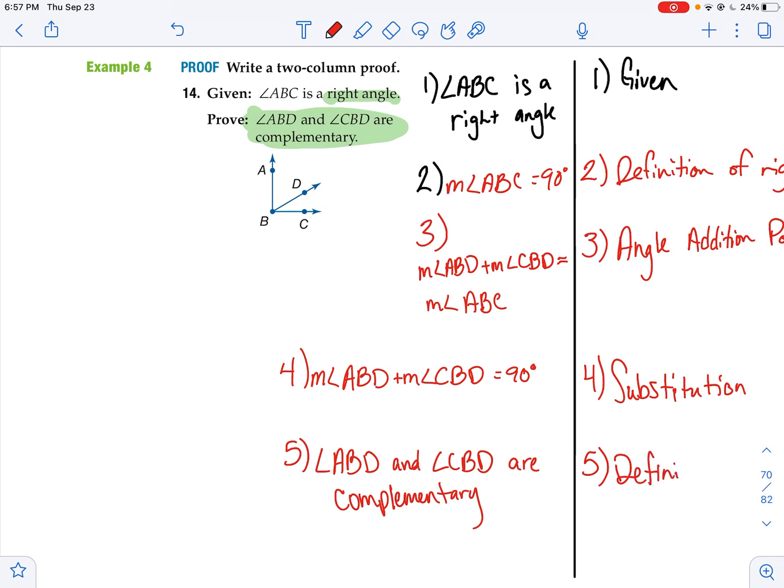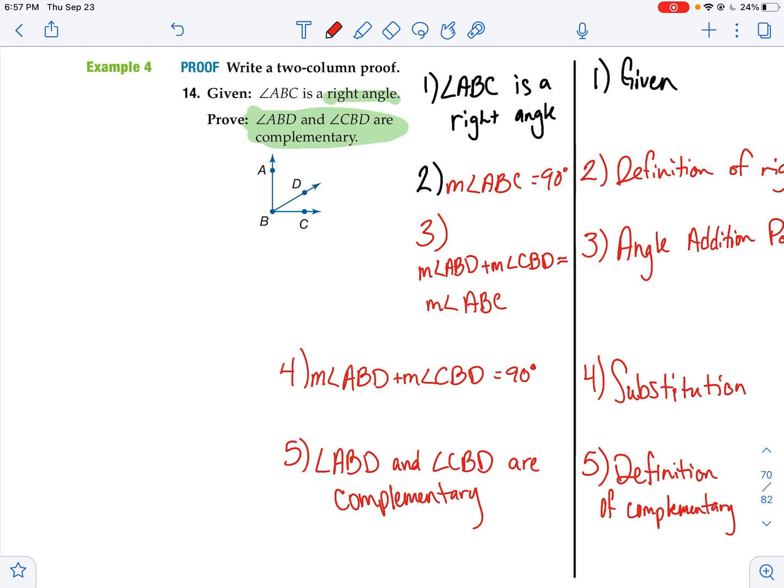That's the definition of complementary angles. So complementary just means that they add to 90. So once I got to the point where I could say that they added to 90, I was home free. It was just getting to that point. So now I've got my proof.